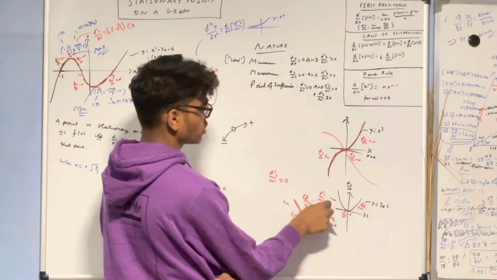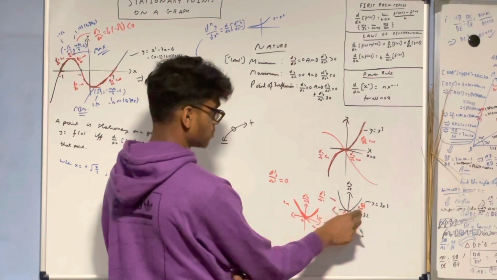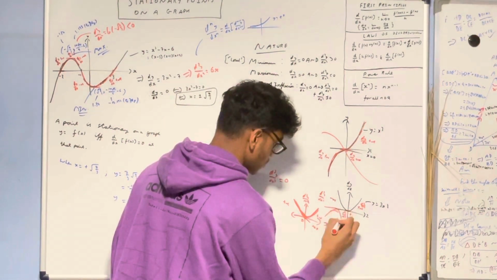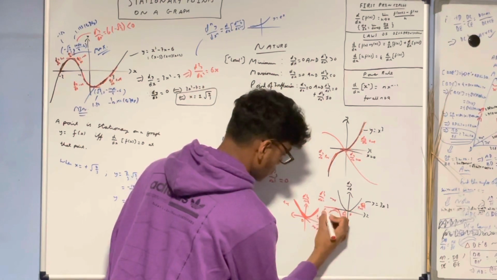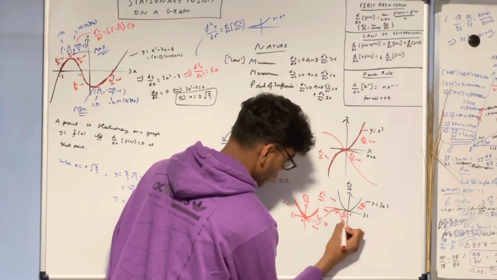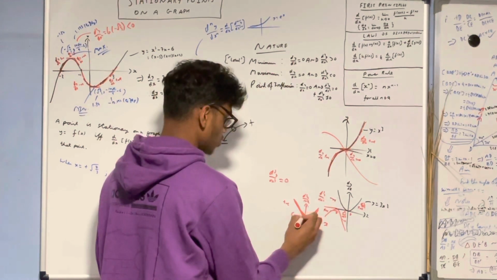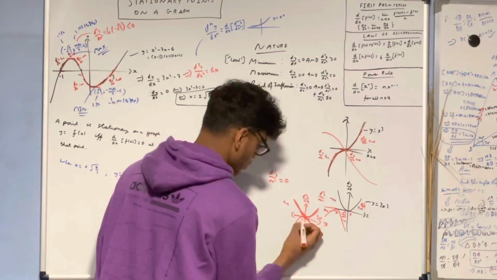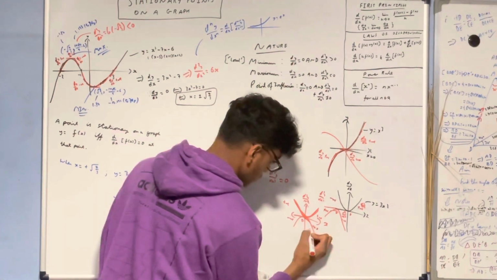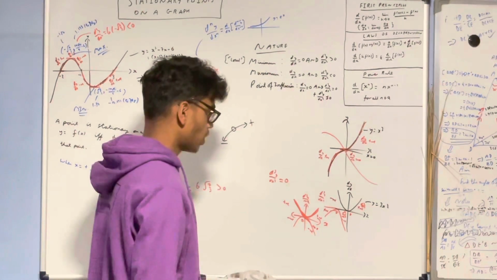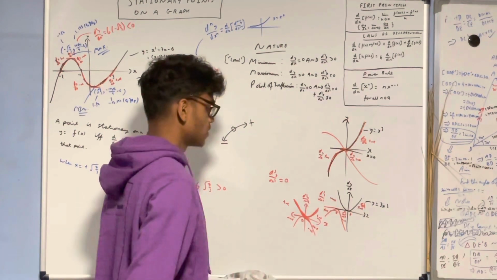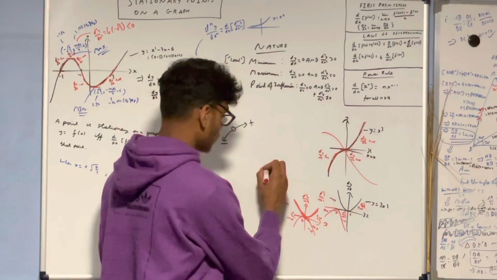But here we see d squared y by dx squared goes from negative to 0 to positive, or it would go from positive to 0 to negative. But if d cubed y by dx cubed was equal to 0, then we'd have to go from negative to positive to negative, rather than positive to 0 to negative or negative to 0 to positive. And then we'd have a contradiction.